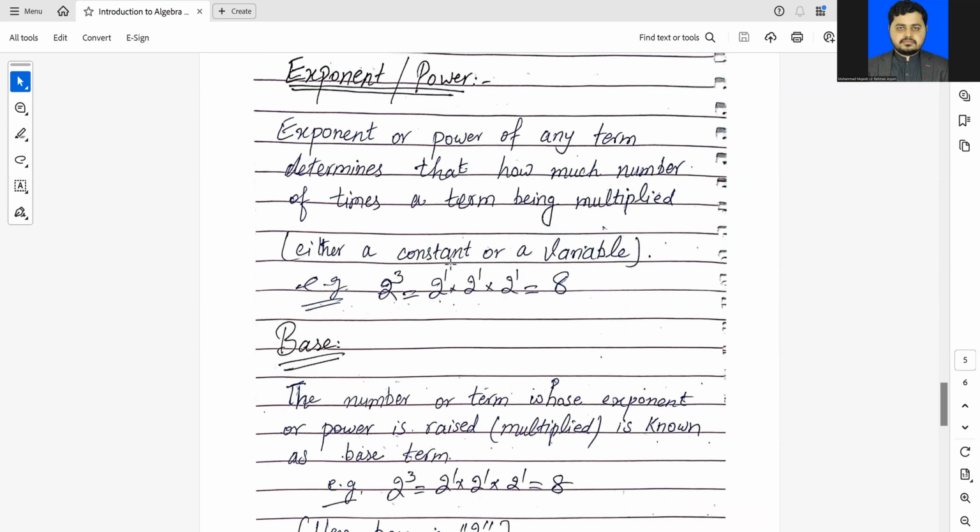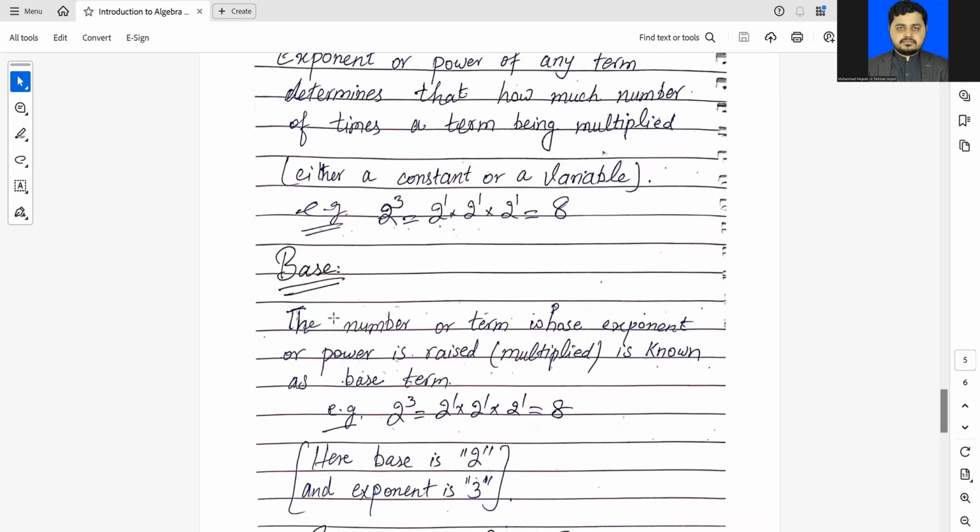This is acting as a base and its power or exponent is 3. Now this power determines that the number 2 is being multiplied 3 times. Now 2 multiplied 3 times becomes equal to 8. That's another discussion.